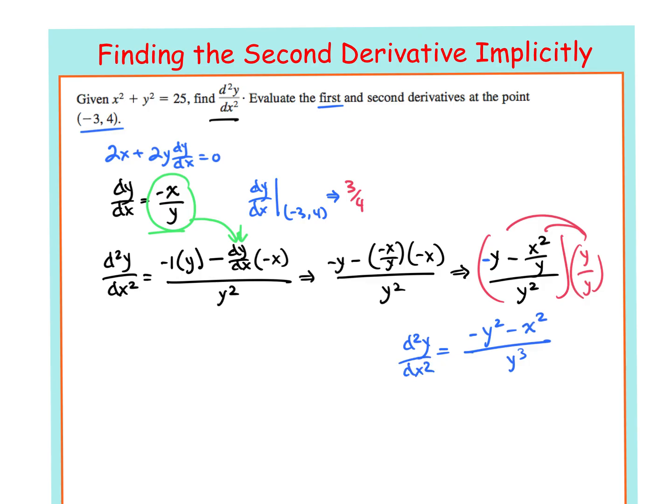Now we're going to evaluate it at that same point. So we're going to evaluate d2y over dx squared at the point where we get -3/4. So let's substitute in.